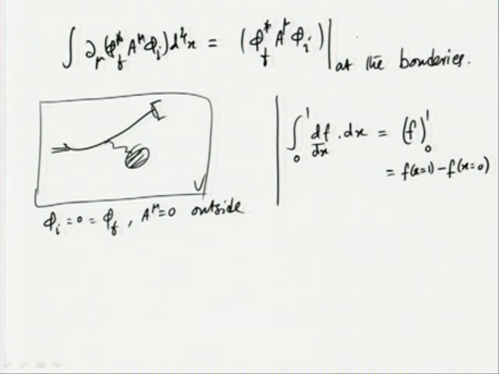Therefore, this integral vanishes: the integral of ∂_μ(φ_f* A^μ φ_i) d⁴x is equal to 0.